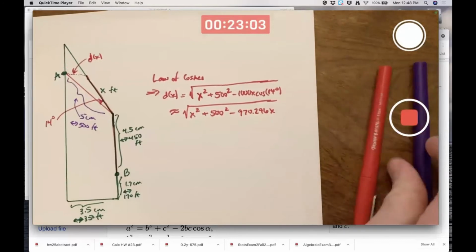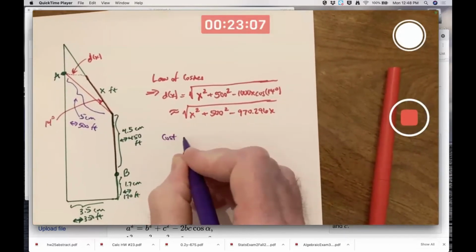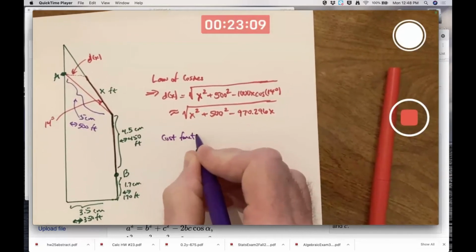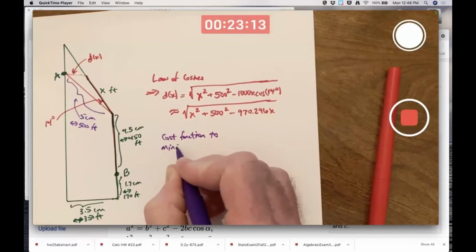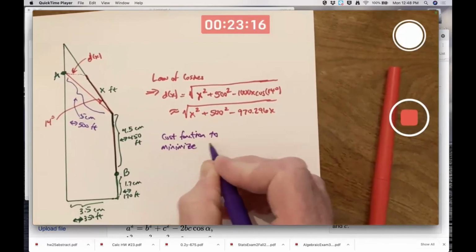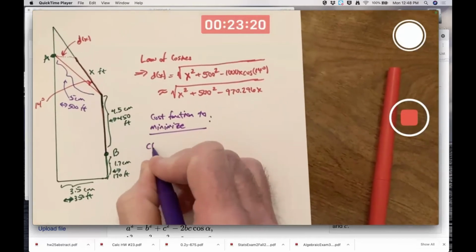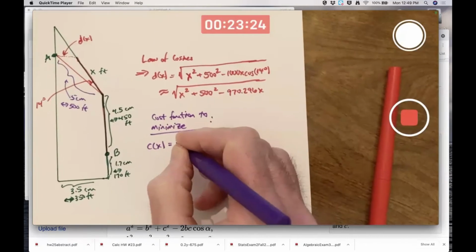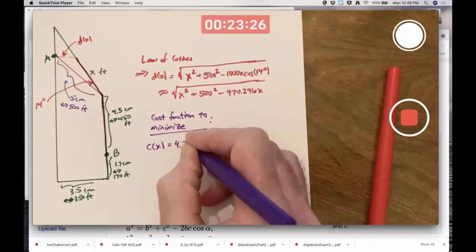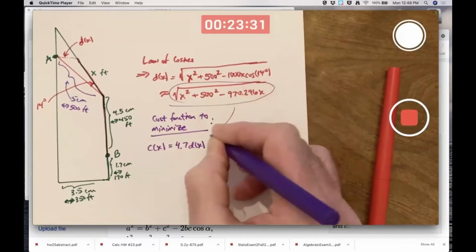And so now our cost function to minimize is going to be, call it c of x, 4.7 times d of x, where d of x is this entire thing.